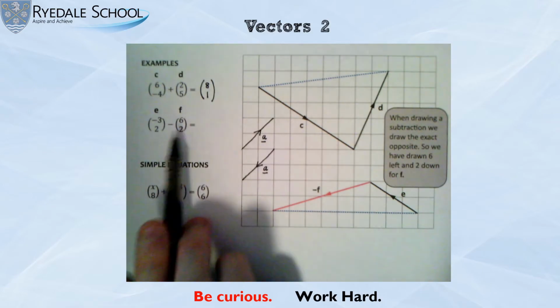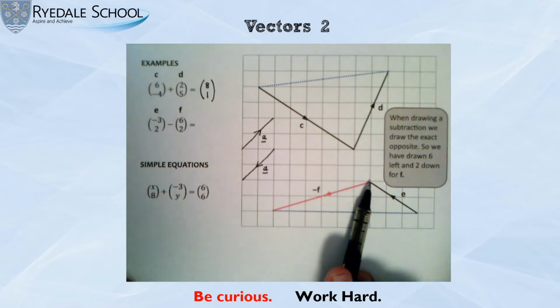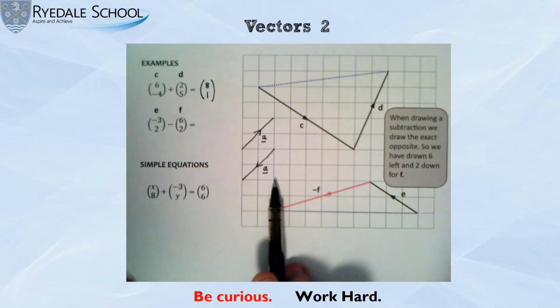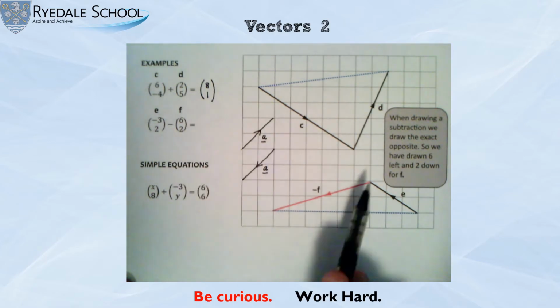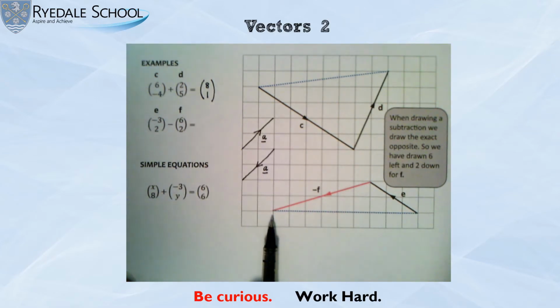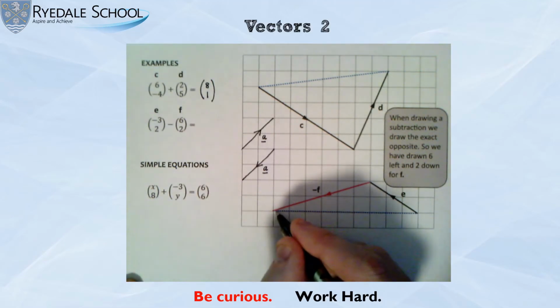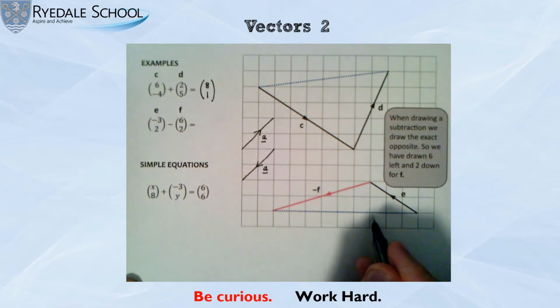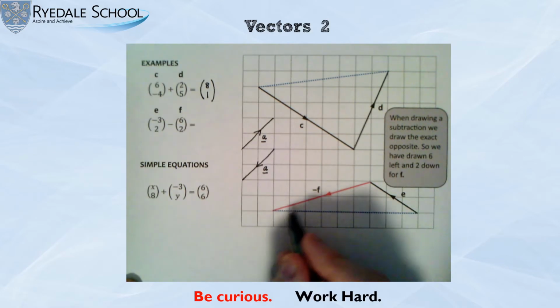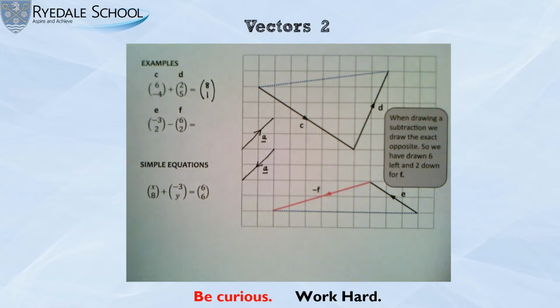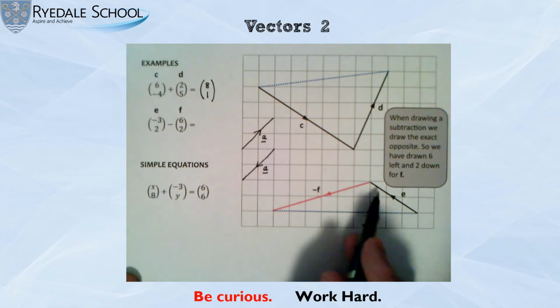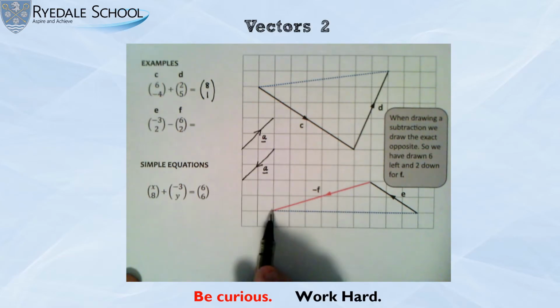So instead of doing 6 right, I have done 6 to the left. Instead of doing 2 up, I've done 2 down. So that would represent negative F. And there's another way of checking, because if I go back this way, that is 6, 2. So going that way would be plus F. But I wanted to do E to my in-between point and then negative F from that point there.